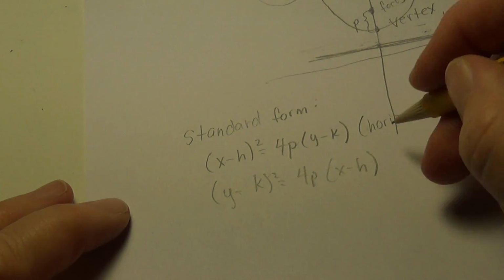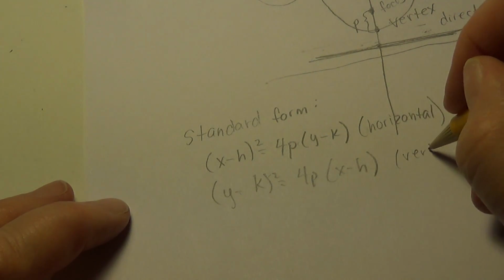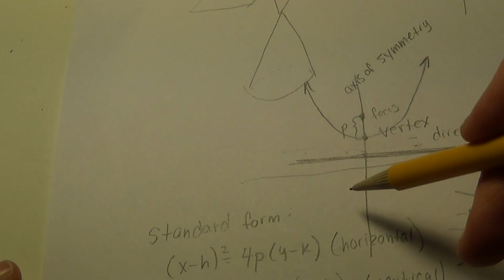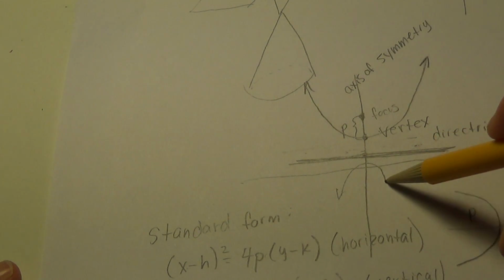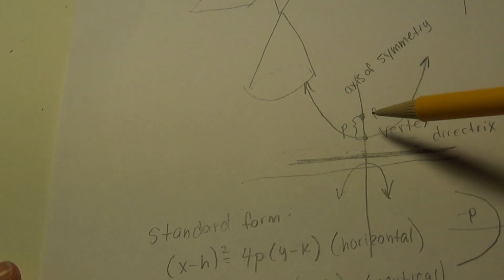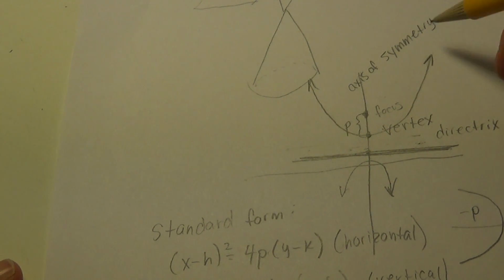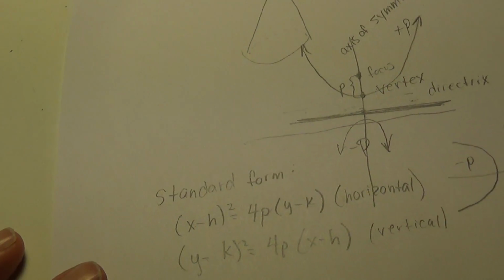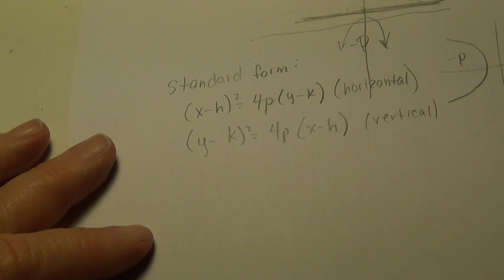So this is what we see with a vertical parabola, which has its opening up and down. It could be this, or it could be that. So when P is positive, it opens upwards, and when P is negative, it opens downward.